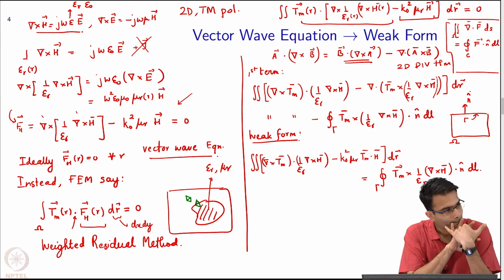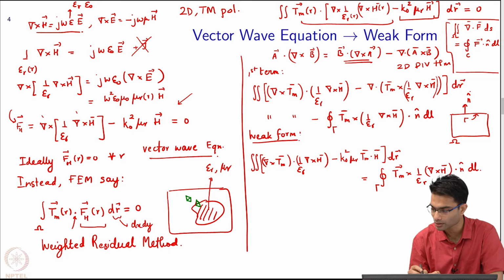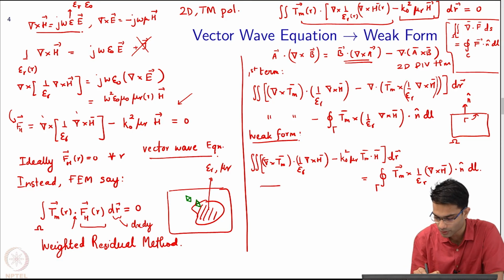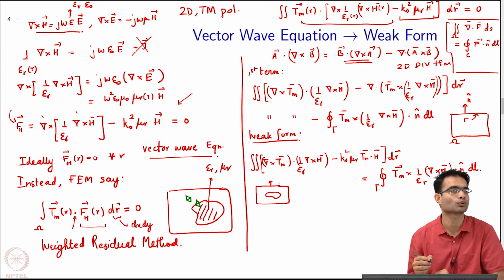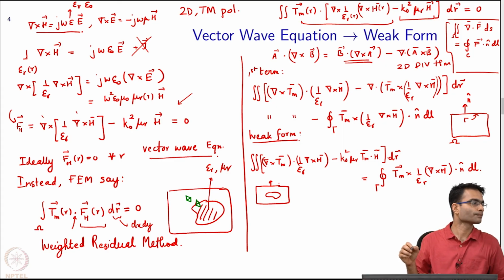Fine. So let me ask you, supposing instead of such a computational domain, I had a slightly different domain. So I had the outermost triangle like this, and I had some metallic part, let's say a metal piece. I know the field inside the metal is 0.